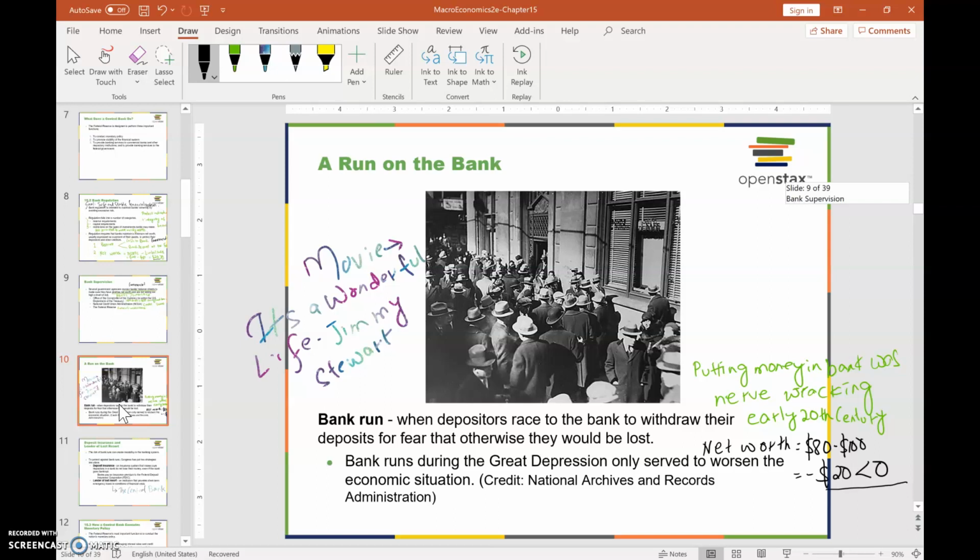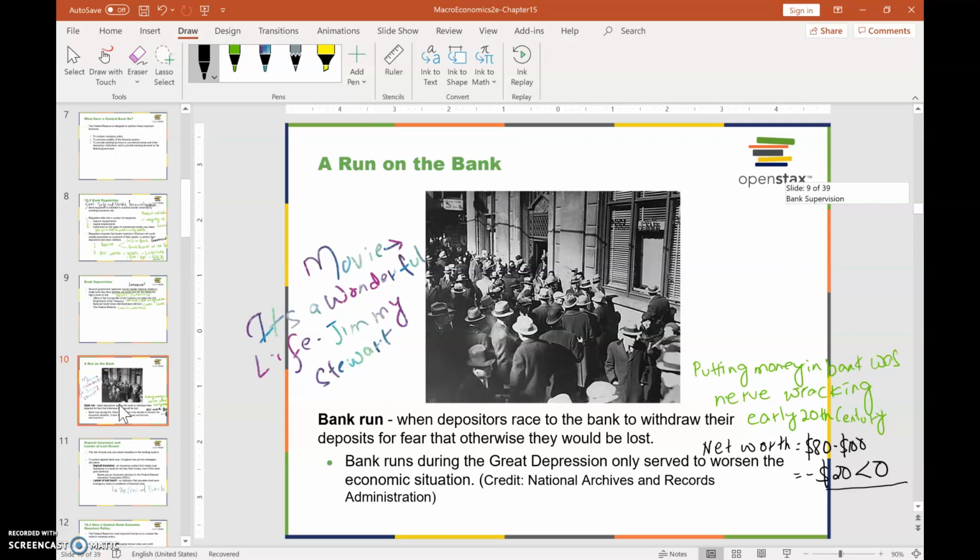So you can look up the movie It's a Wonderful Life, where Jimmy Stewart is playing the role of a bank manager, and the bank is in a bank run, and to allay the fear of the depositors, he is using money from his pocket to pay them off, money which he was supposed to use for his own honeymoon.